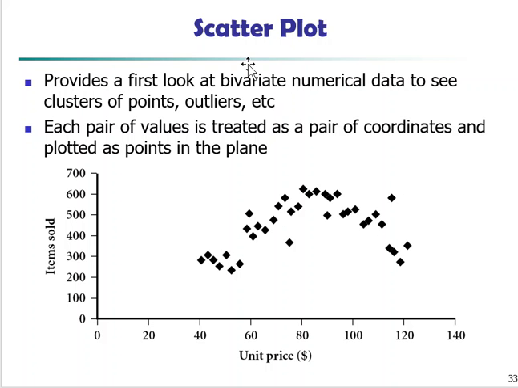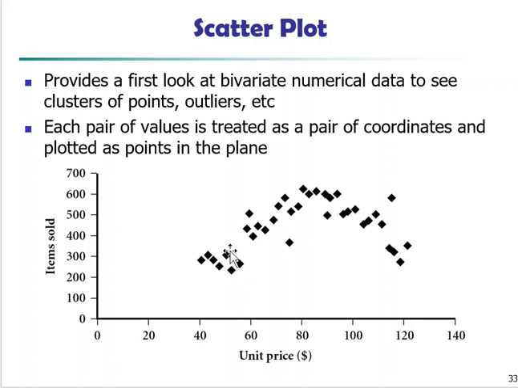The scatter plot is a way that you can actually look at bivariate numerical data. This plot is going to show you patterns, correlation, outliers, clusters. So it's a very powerful tool when you have bivariate data.